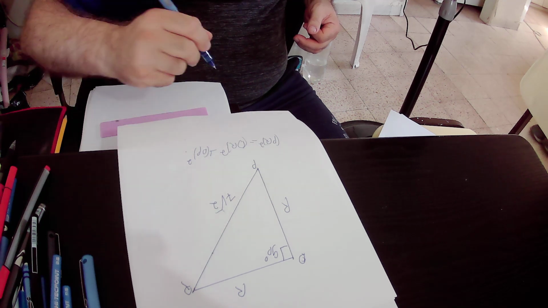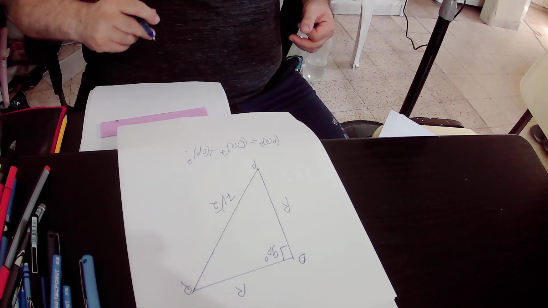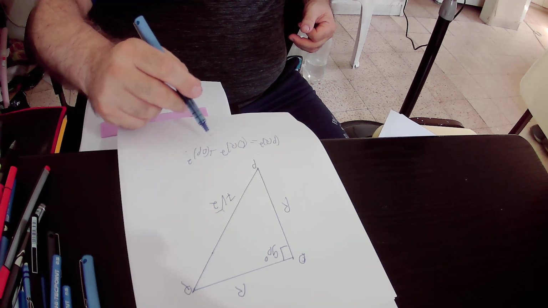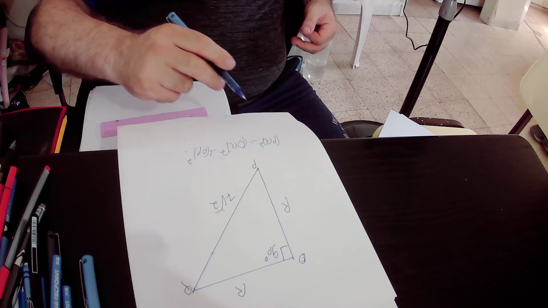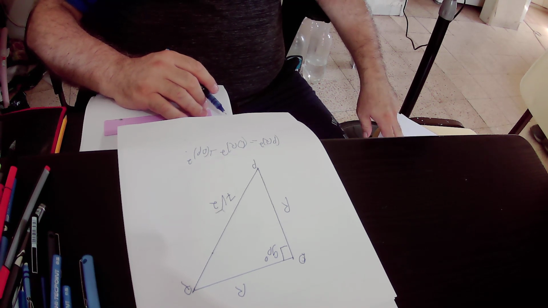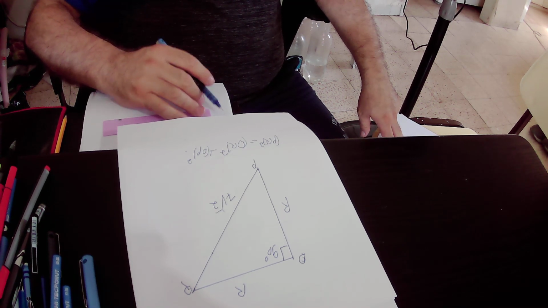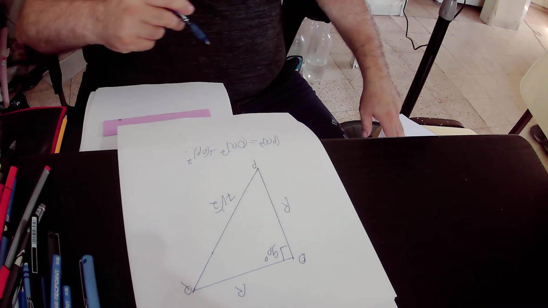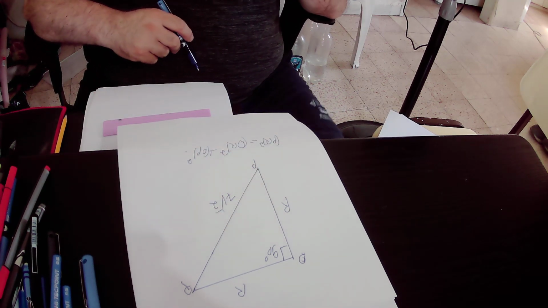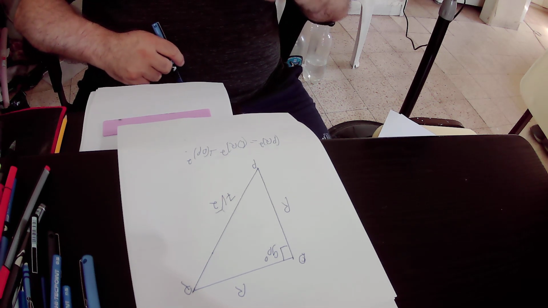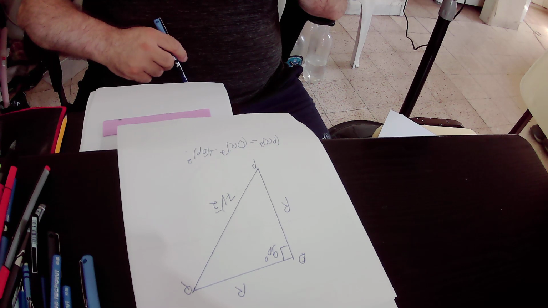According to the Pythagorean theorem, the square of the hypotenuse, that is to say PQ square, equals the sum of the squares of the perpendiculars, equals OQ square plus OP square. Now we will put the data in the equation.